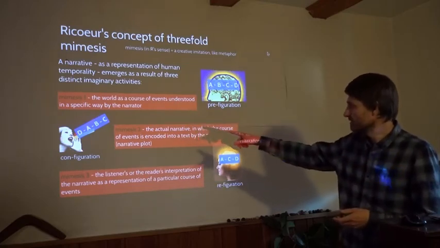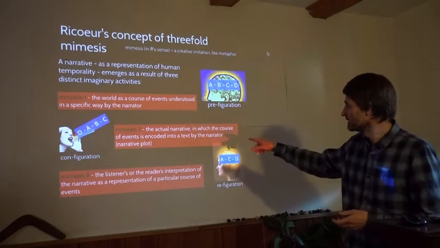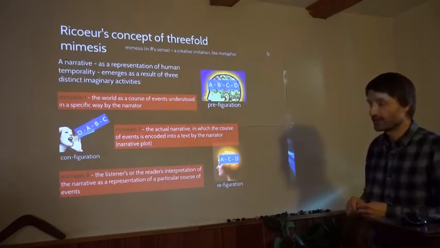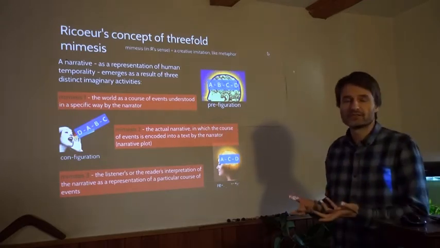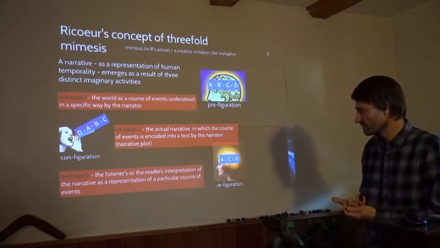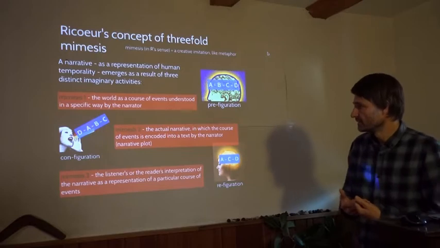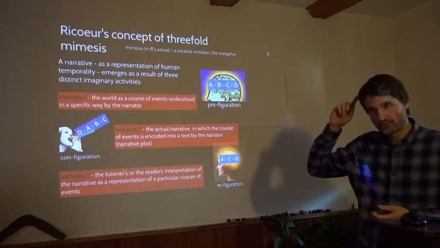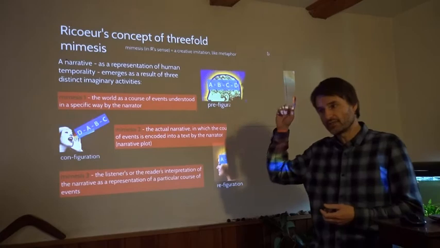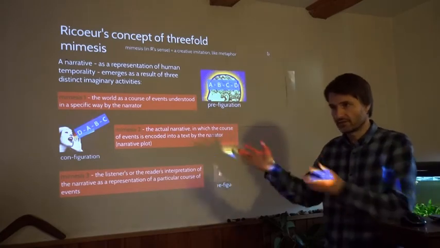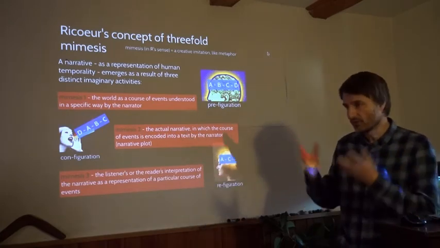So in configuration, the events are encoded into a text by the narrator. So the plot is established in configuration. First, we have to be able to see the course of events in the world.